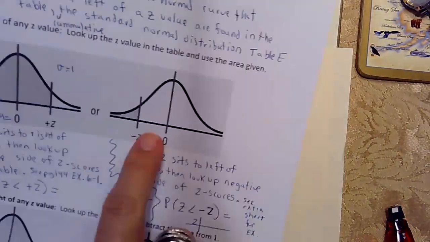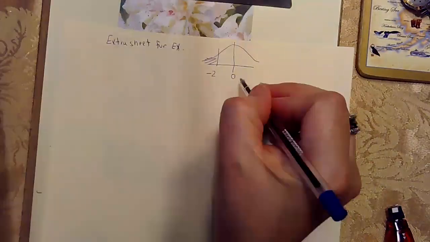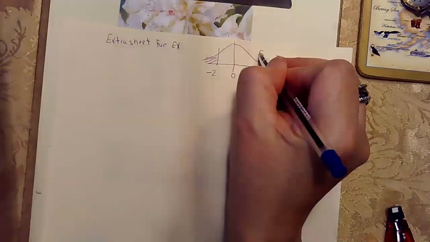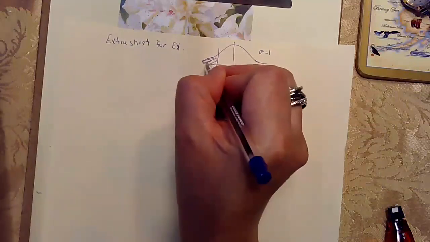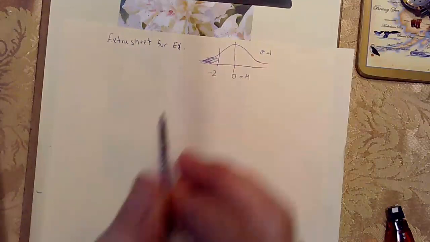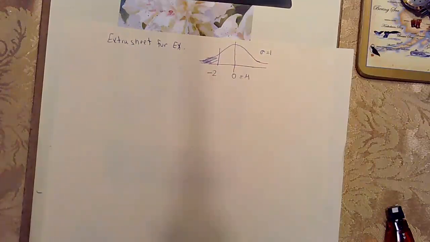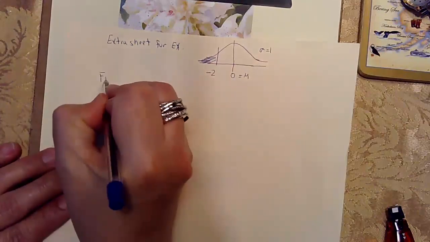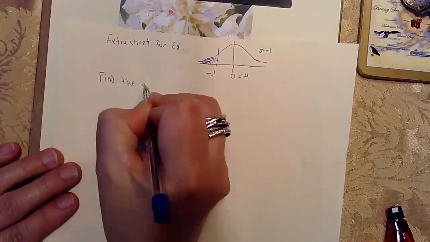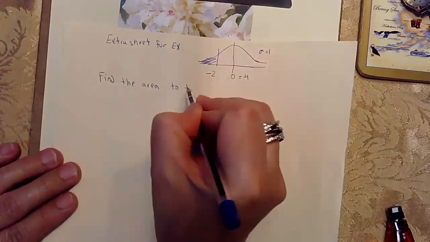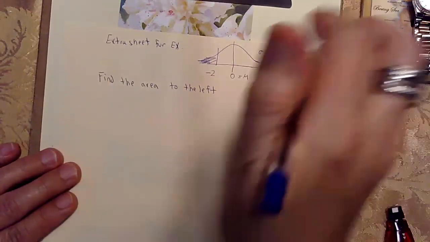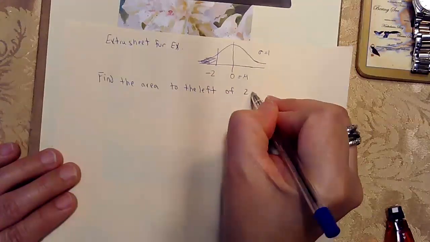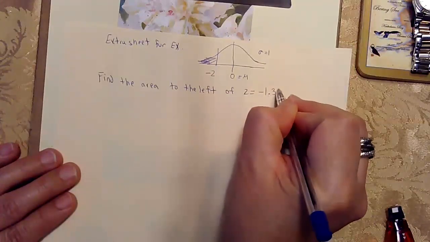Okay, so I'm just drawing what they had here. So let's say they were asking you to find the area to the left of z equal to negative 1.39.